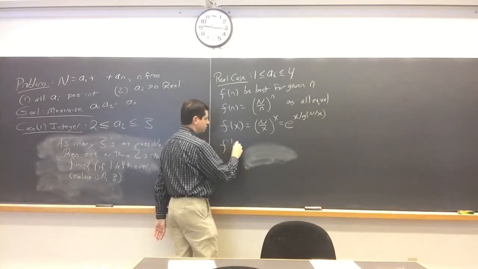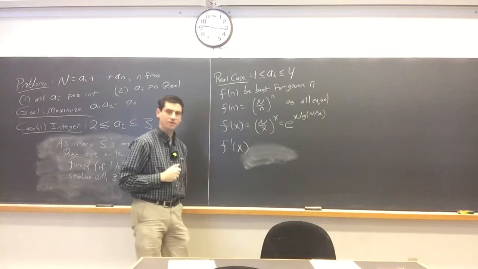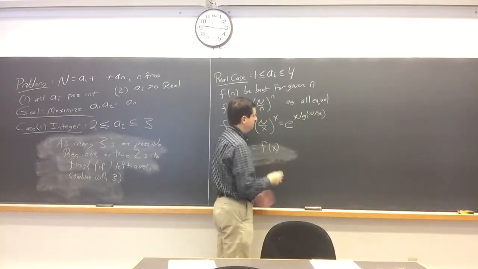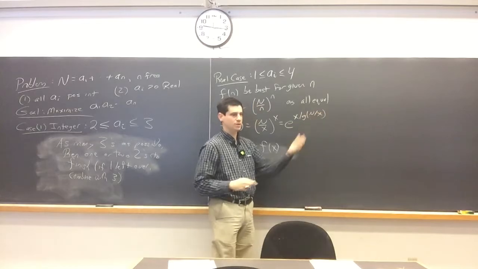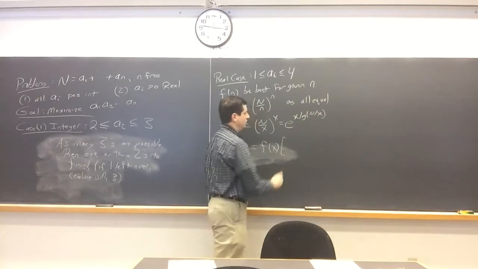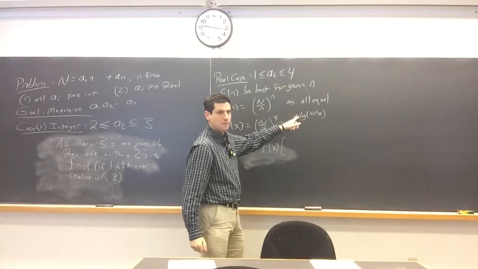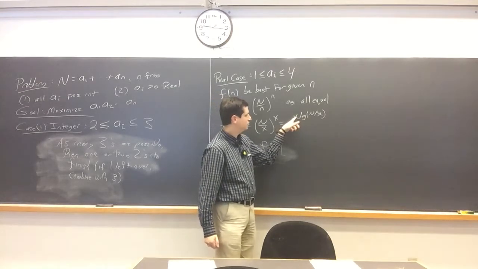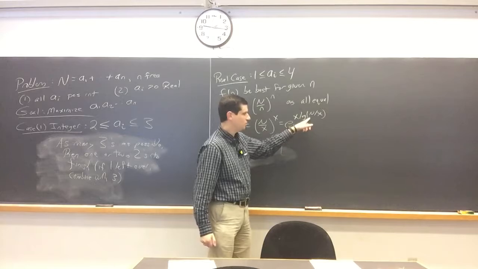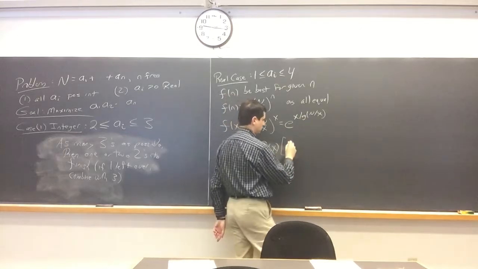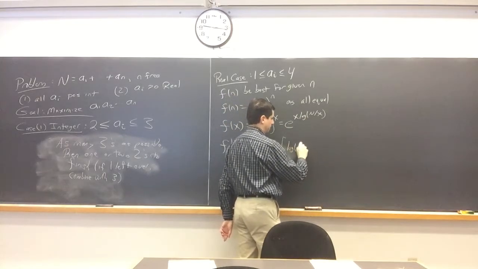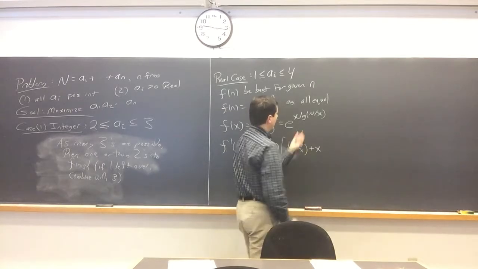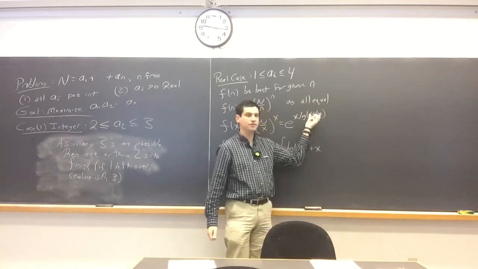So let's look at the first derivative. The first derivative tells us a lot of information. Since this is an exponential function, it's just the function itself times the derivative of what's up top. So we get to use the product rule. We're going to have the derivative of x, which is 1, times the log of n over x, plus x times the derivative of the log of n over x.